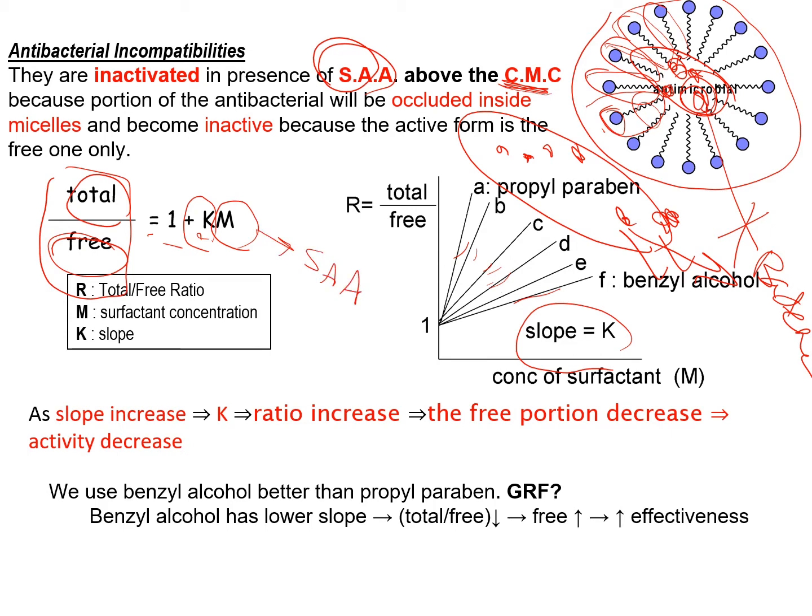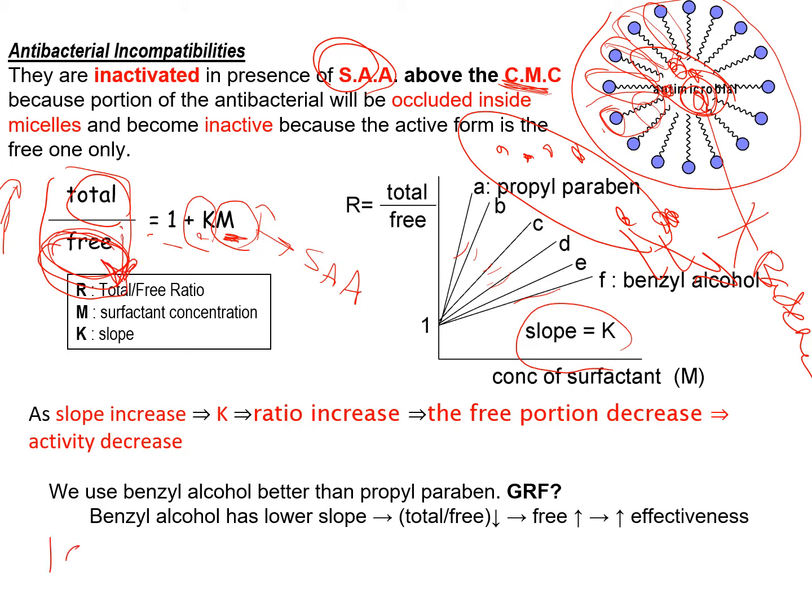So what happened? By increasing, of course, the molar concentration of surfactant, total over free becomes more, the whole fraction's value is higher. But for the whole number to be more, the denominator, the free, will be less.